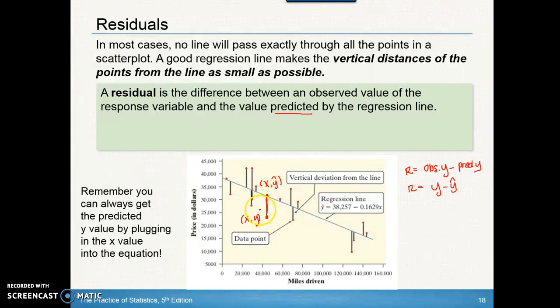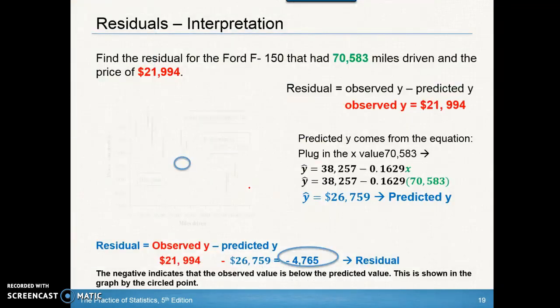So you'd have to know the y value from your data point, but also keep in mind, if you weren't given the predicted value, you could plug that x into your equation and find out what that y hat is. So basically, what is your vertical distance between the two? It's your observed y minus your predicted y, or y minus y hat.